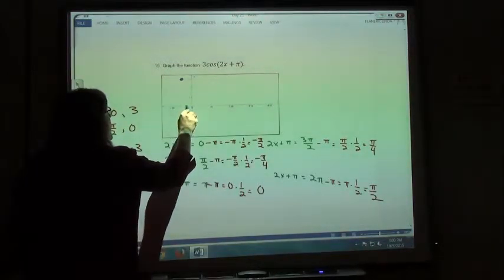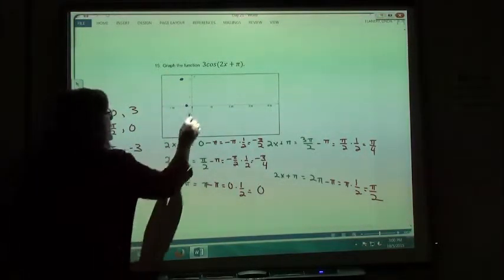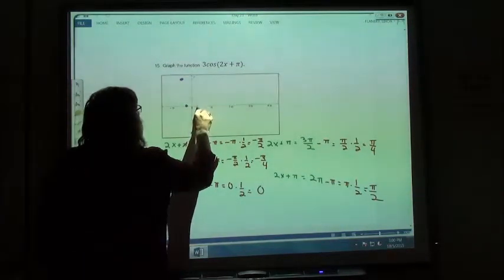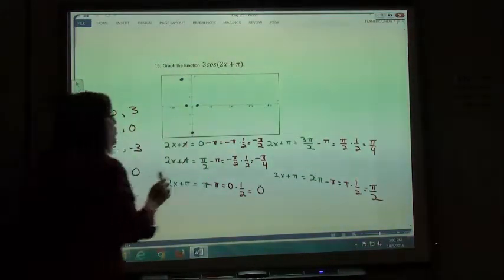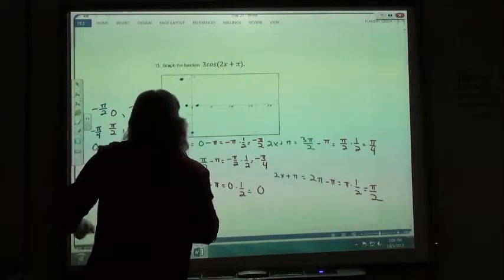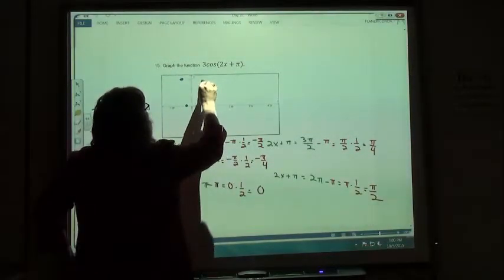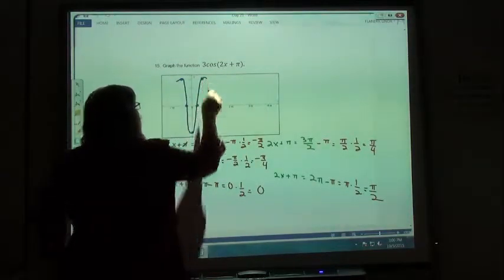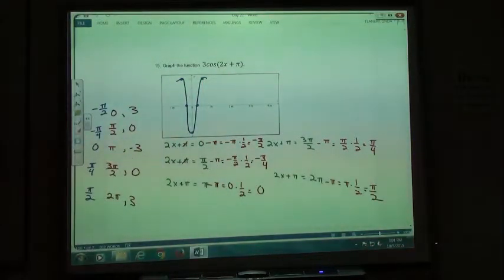Negative pi over 4 is at 0. At 0, we're down to negative 3. At pi over 4, we're at 0. And at pi over 2, I'm back up at 3. And so my cosine curve looks something sort of like that, all smushed together.